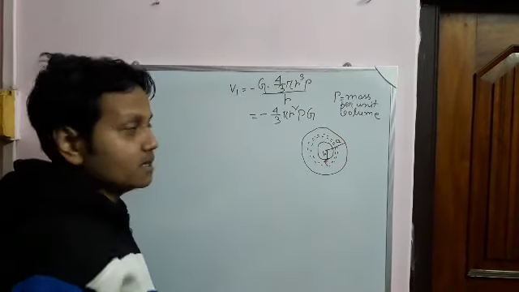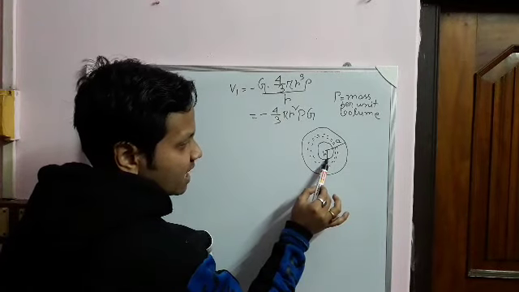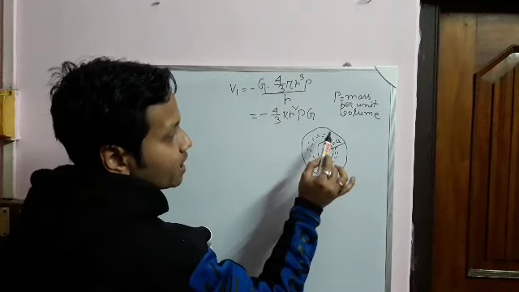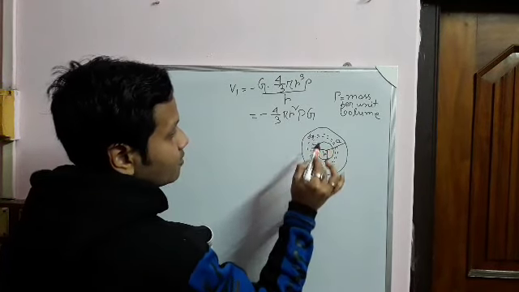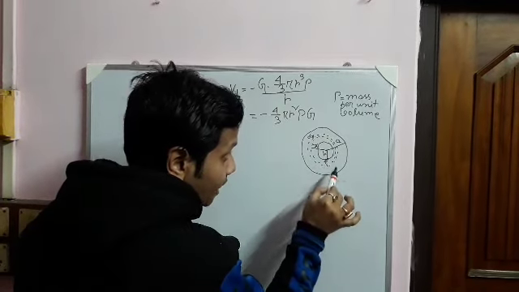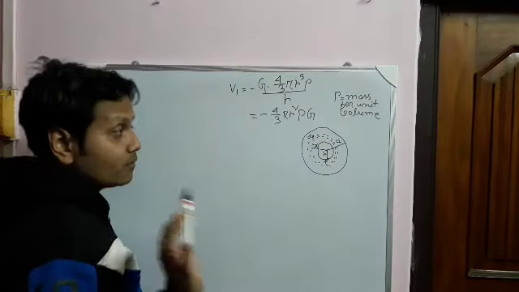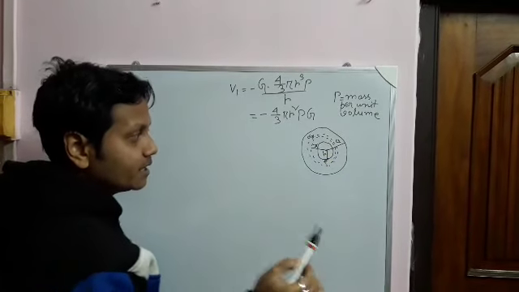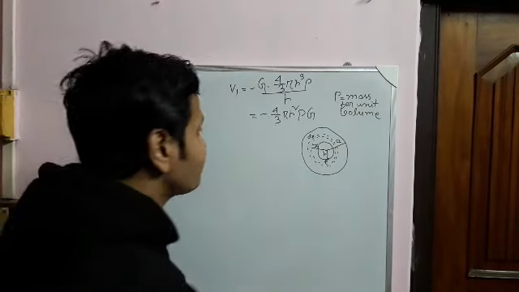That we find easily. Now we have to find out the potential at P due to the rest part, that is this part. For this reason we consider a spherical shell of radius x and width dx. First we find the potential at P due to this shell, and then we will integrate that expression from x equal to r to x equal to a.